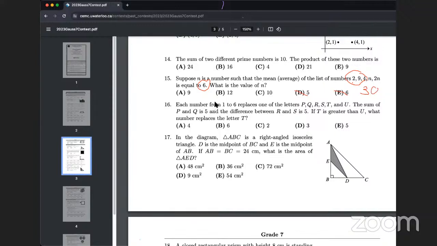There are 5 numbers, so what's 30 divided by 5? Yes, 6, and our mean needs to equal 6. So that means the answer is D, 5. You guys get it? It's like a process of elimination.